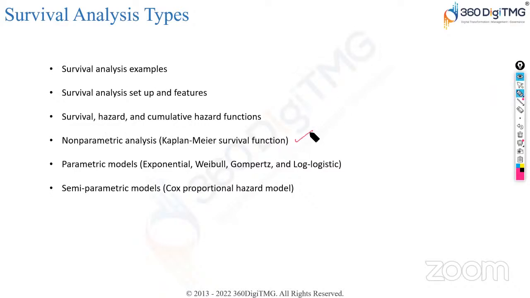And we will discuss the Kaplan-Meier survival function, which predicts events, with non-parametric values. This is the most popular model in the survival analysis concept. We do have semi-parametric and parametric models as well, but non-parametric is very heavily used in the industry.